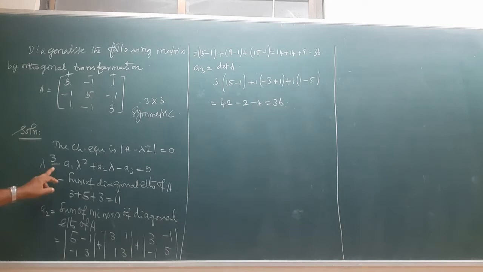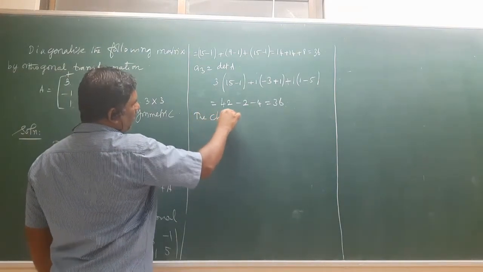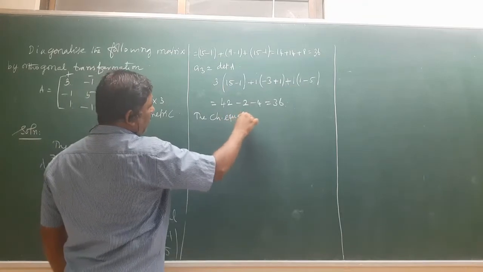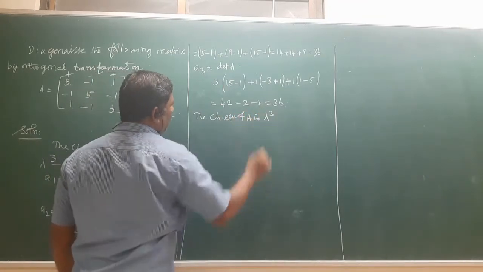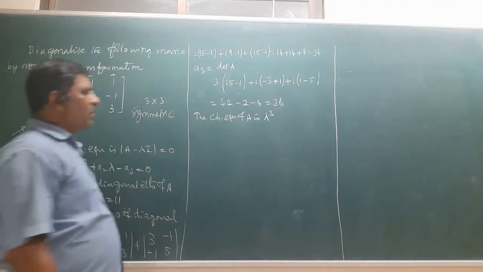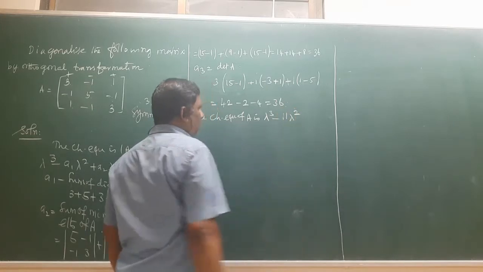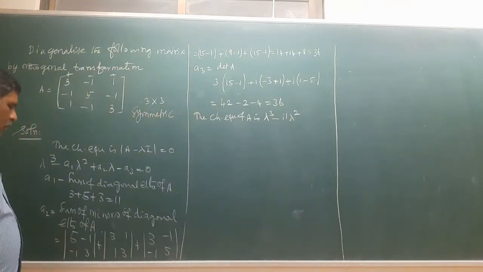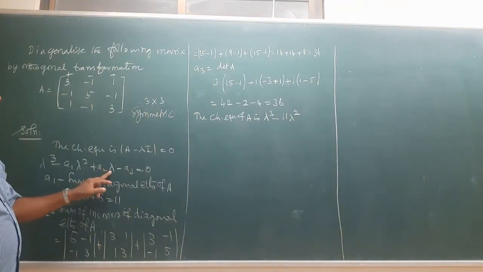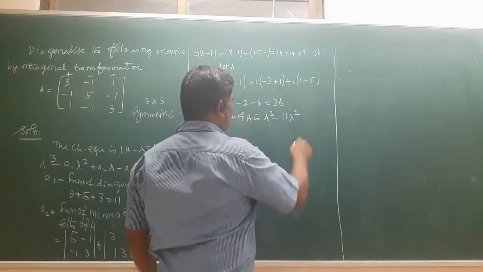Therefore, the characteristic equation of A is λ³ - a1 λ², where a1 is 11, then plus a2 λ, where a2 is 36, that is 36 λ.